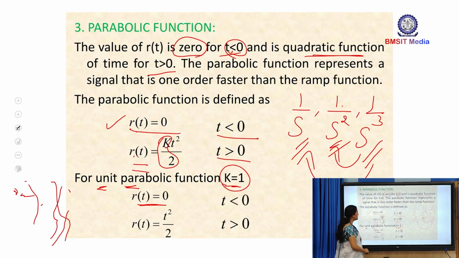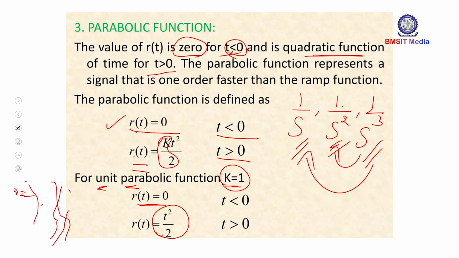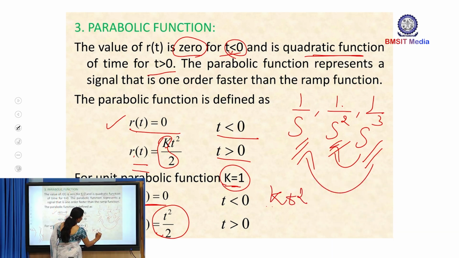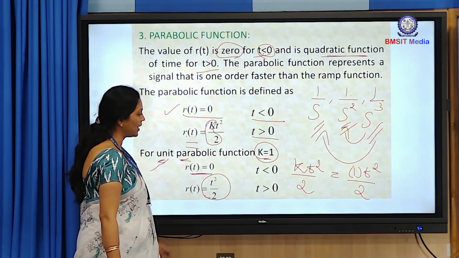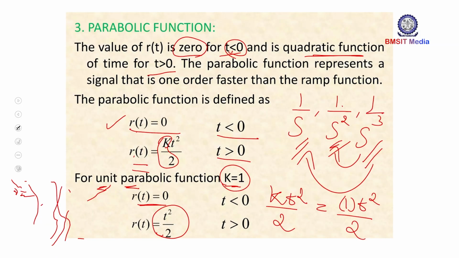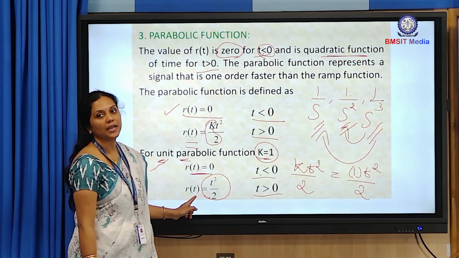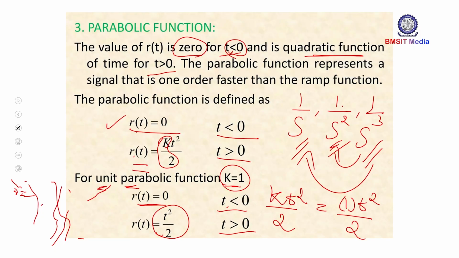So k into t square divided by 2, where k is 1, gives t square divided by 2. So for t lesser than 0, it is 0, and for t greater than 0, the parabolic function is t square divided by 2.